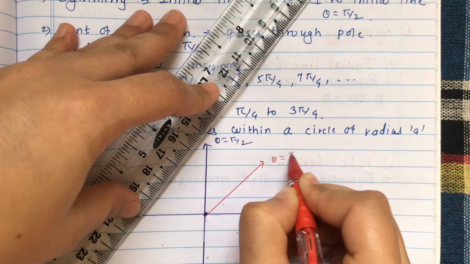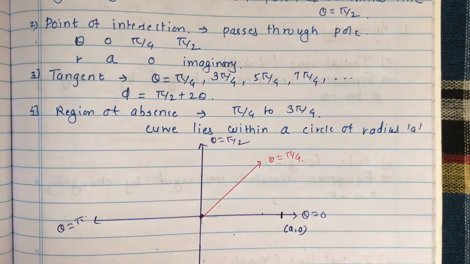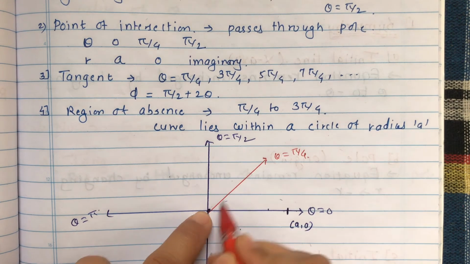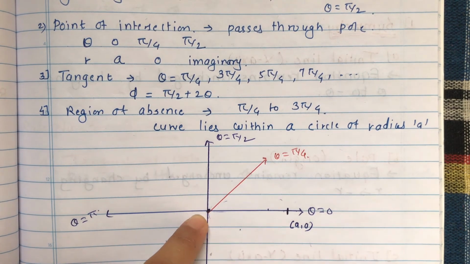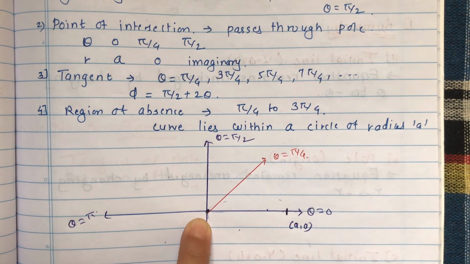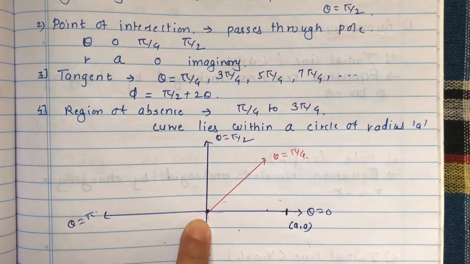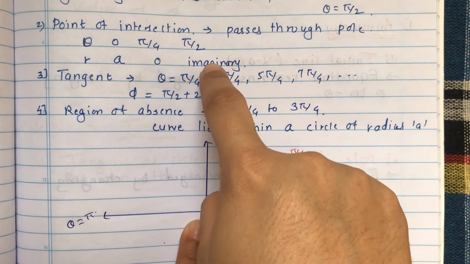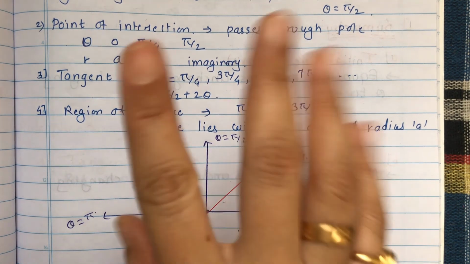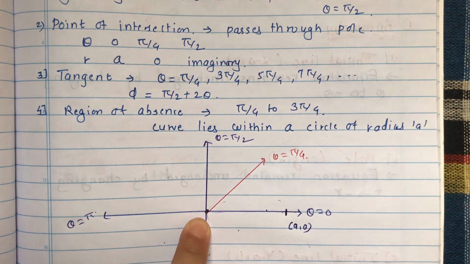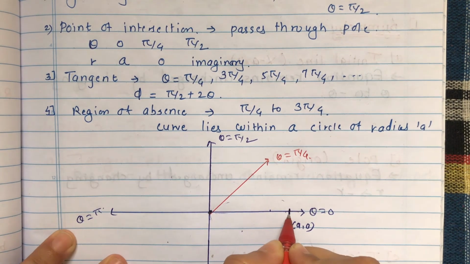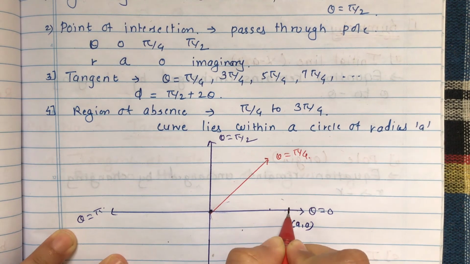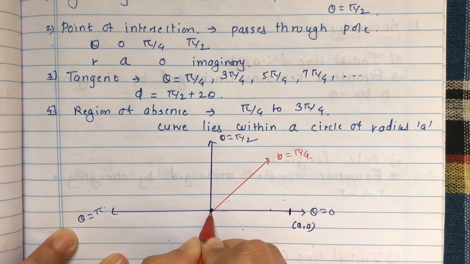So this is theta is equal to pi by 4, and for this line we have to measure 0 distance, so this will be a point. Next, for theta is equal to pi by 2, r is imaginary, so this must be a region of absence, right? So we have 2 points, this one and this one, right?